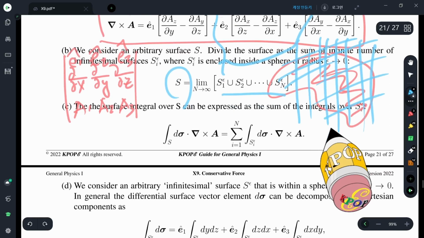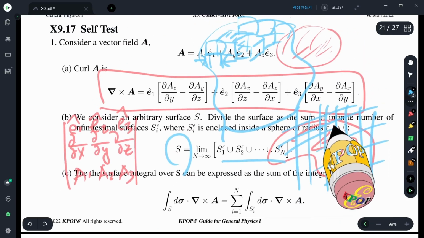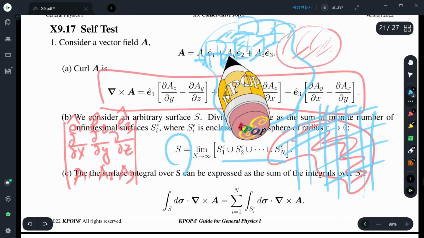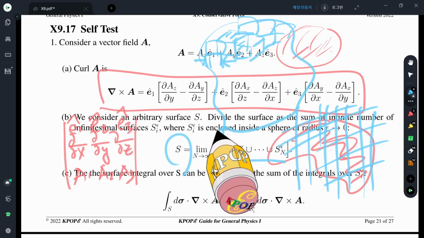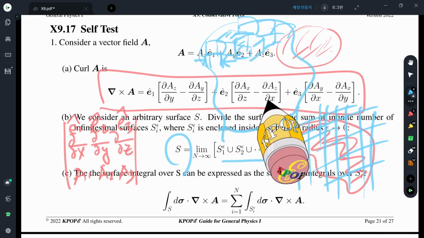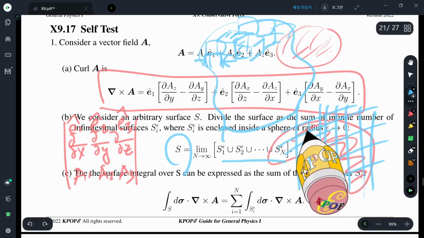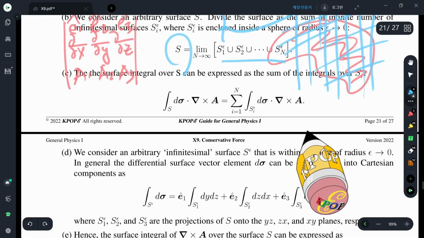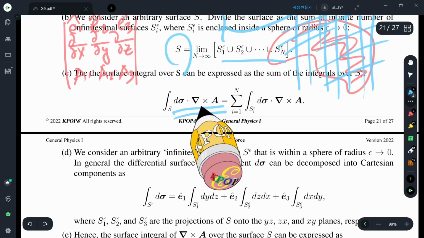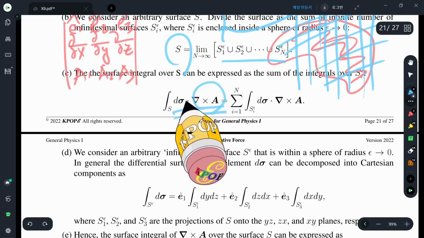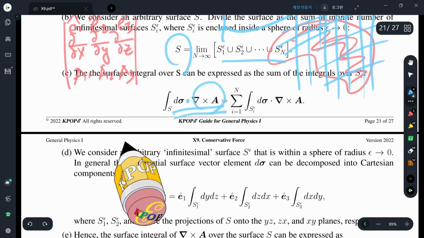And let me simply consider a single cube calculation first, and then at the end of the day we can combine the logic for the many cubes to cover the whole area of the arbitrary surface. Then the integral we want to compute is the curl of a vector field over the surface.